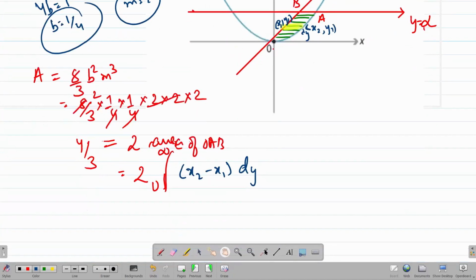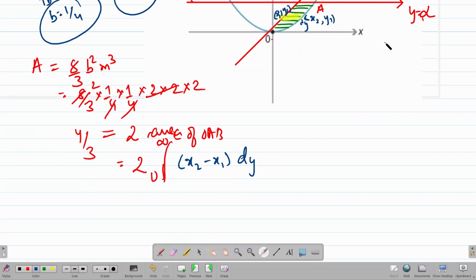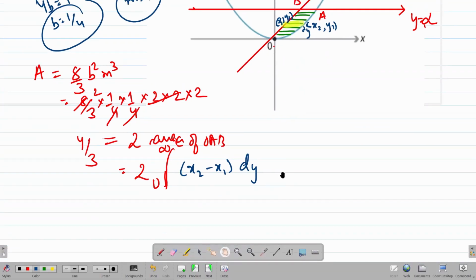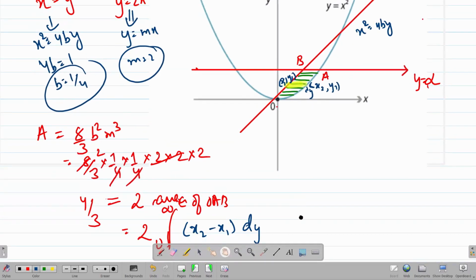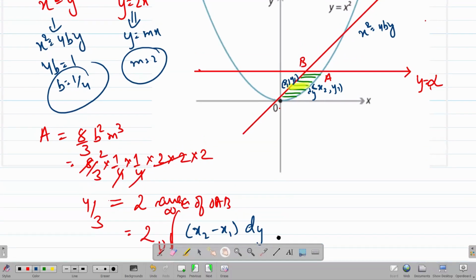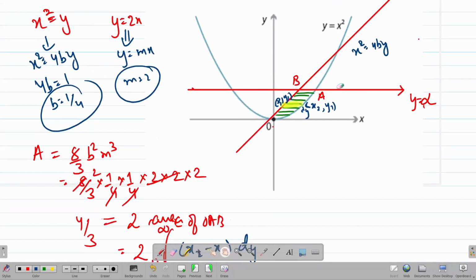Now since x2 is on the parabola, the equation of parabola was x square is equal to y.